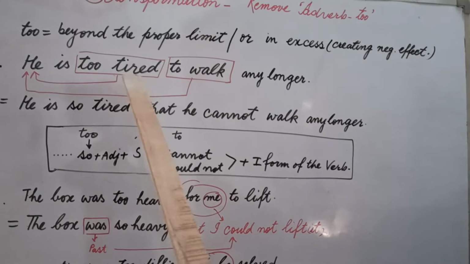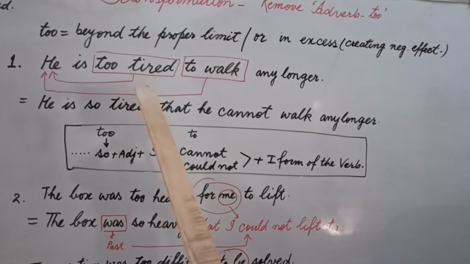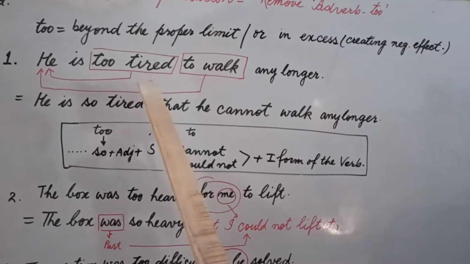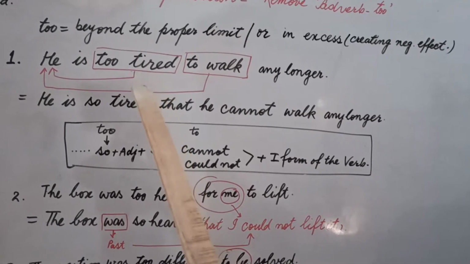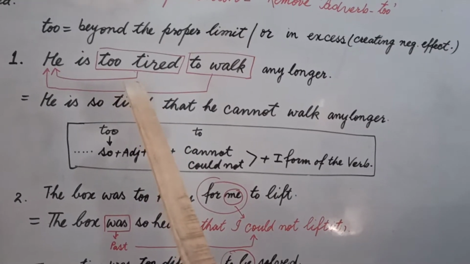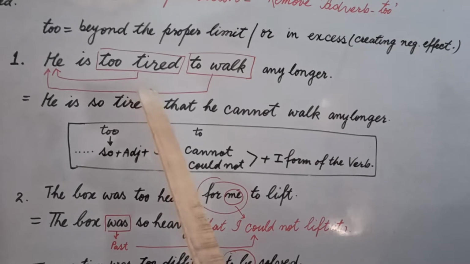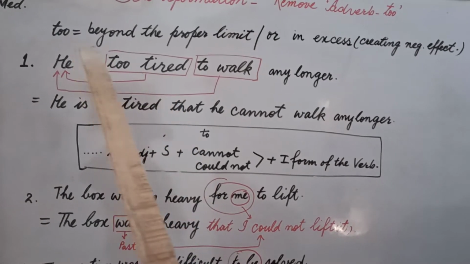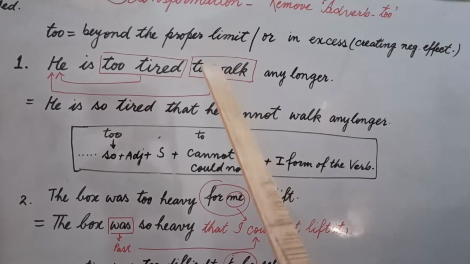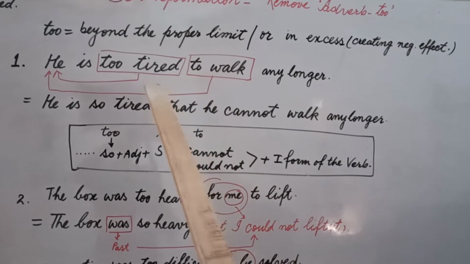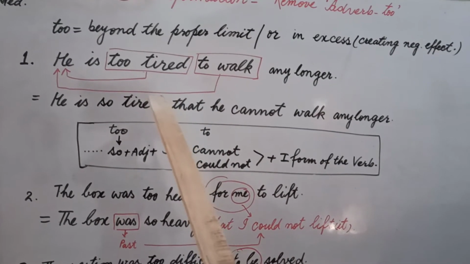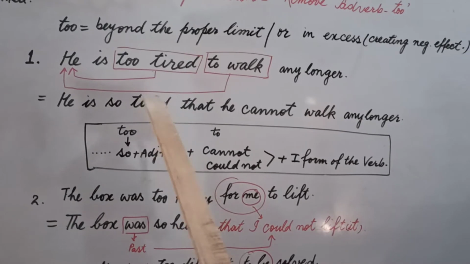In a general sense, people may be tired and they can still walk. But whenever you use "too tired", it means that he is not able, because I have already mentioned "too" means beyond the proper limit. Means he is excessively tired, he is too much tired, extreme, more than the normal limit.